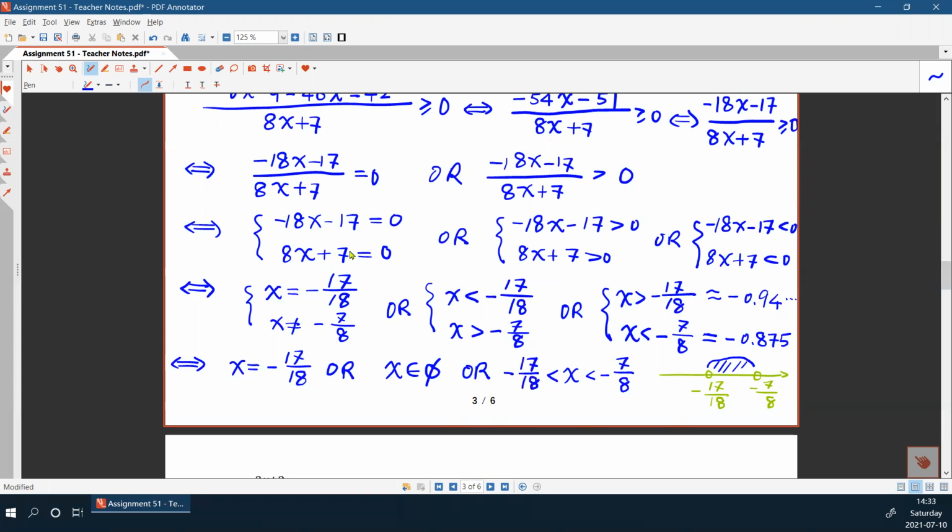So the third branch says x must be smaller than minus 7 over 8 and greater than minus 17 over 18. Okay, so if we consider all of the three branches, the final solution should be x smaller than minus 7 over 8 and larger than or equal to minus 17 over 18.